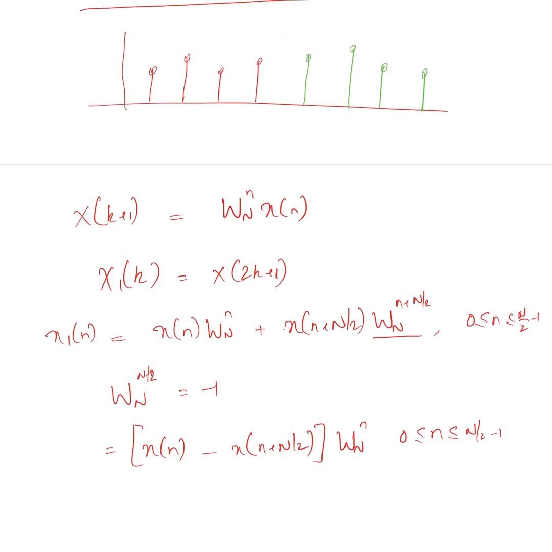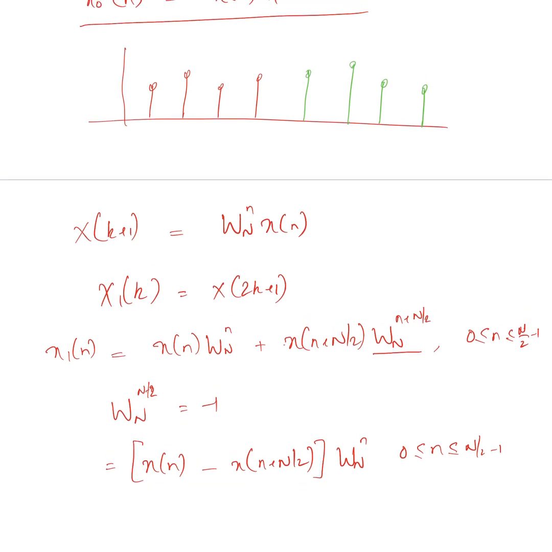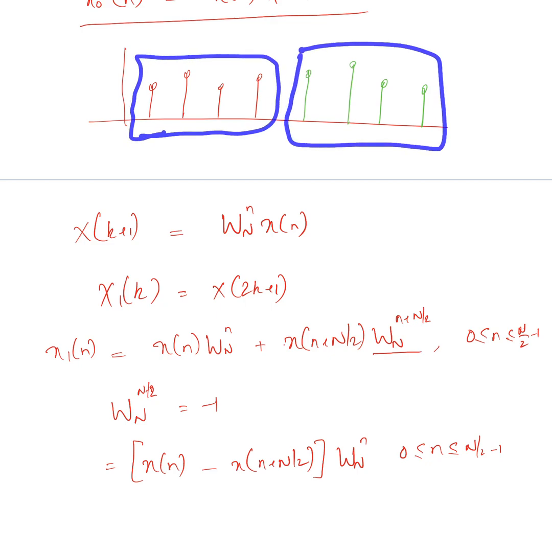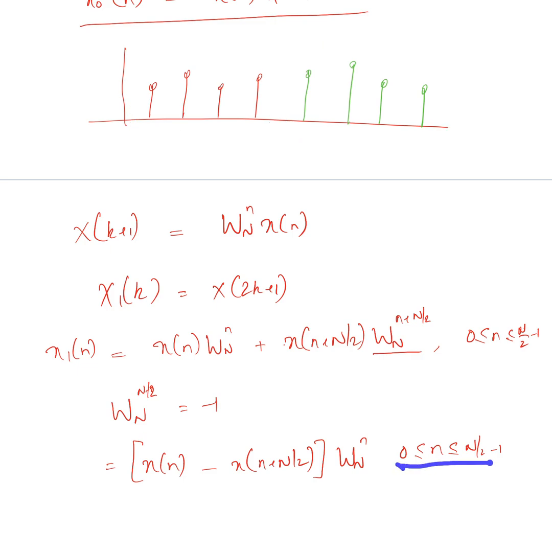Now note that while writing this expression, what do we see here? From this expression, from these samples, we have subtracted these samples, right? Because here we are considering again n lying between 0 to n by 2 minus 1.